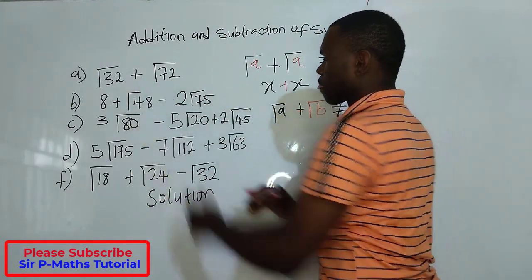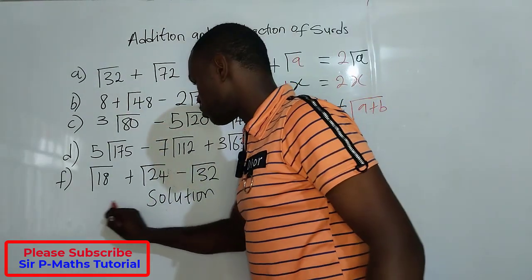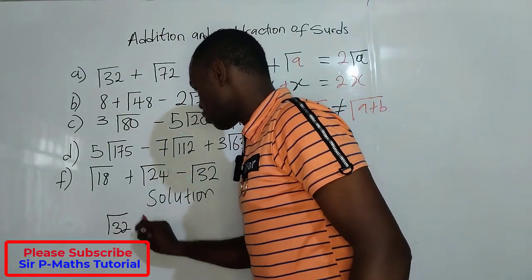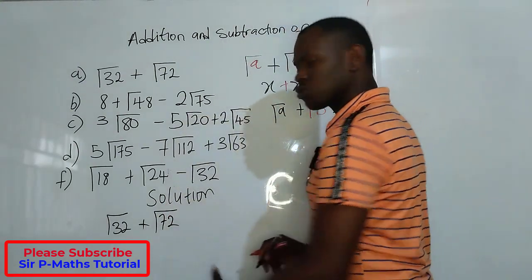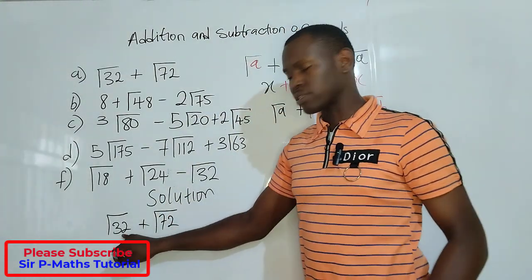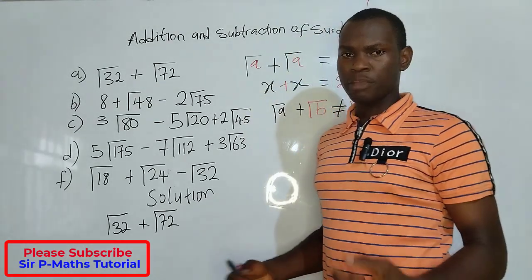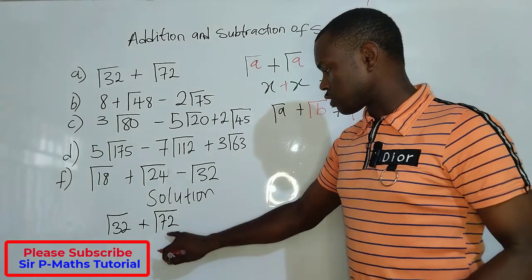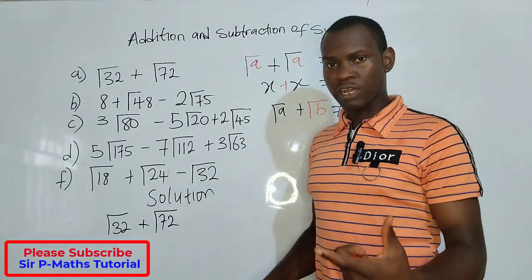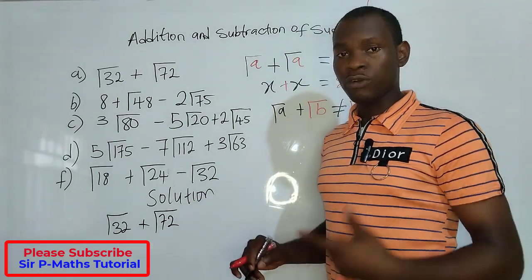For the first one, I have root 32 plus root 72. Look for two factors of 32 where one of them is a perfect square and the other is not a perfect square. For this one, the same thing: two factors, one is a perfect square, the other is not.